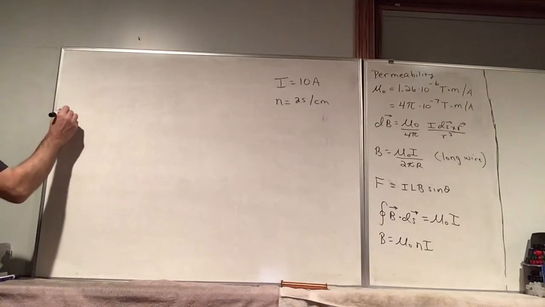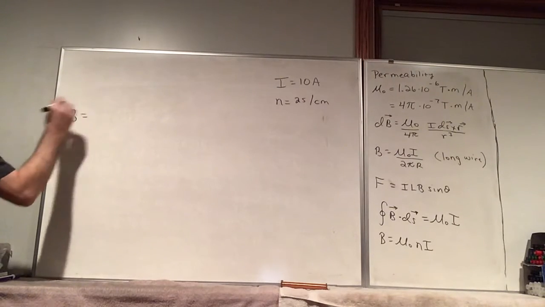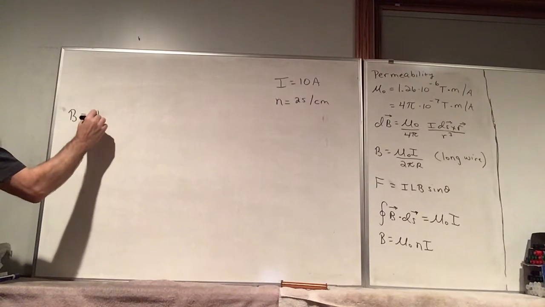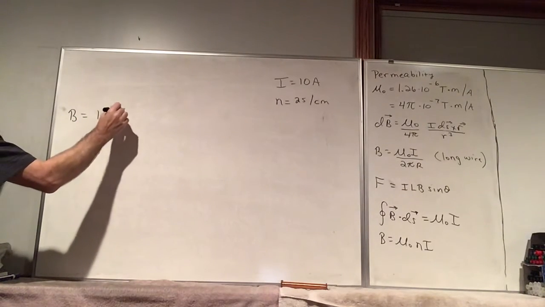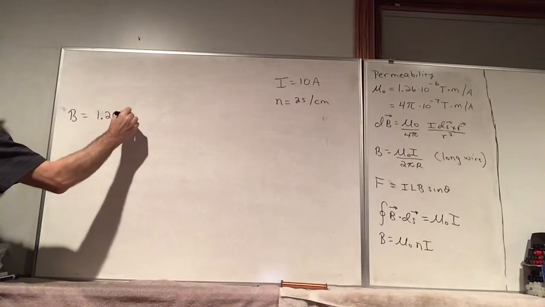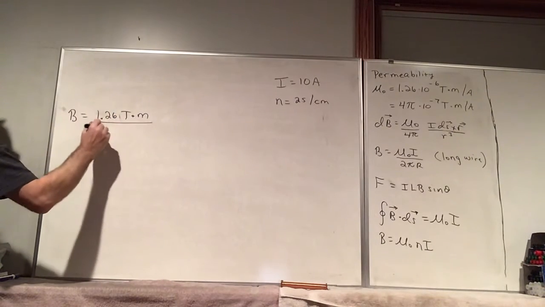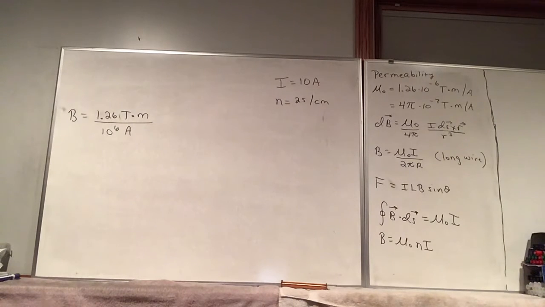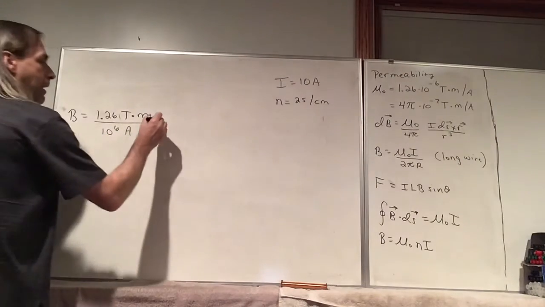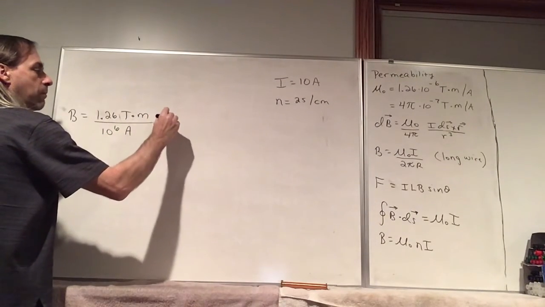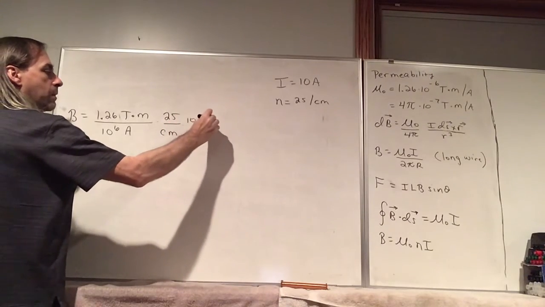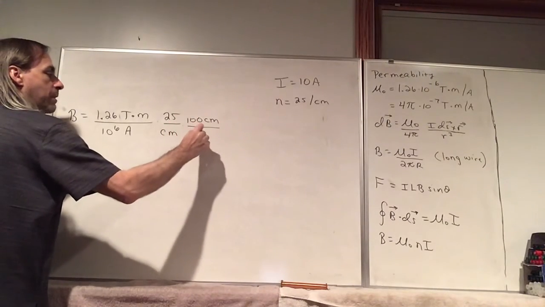It's a kind of trivial calculation. So we have mu naught, 1.26 times 10 to the minus 6 Tesla meters per amp. n is 25 per centimeter, so let's convert to meters.